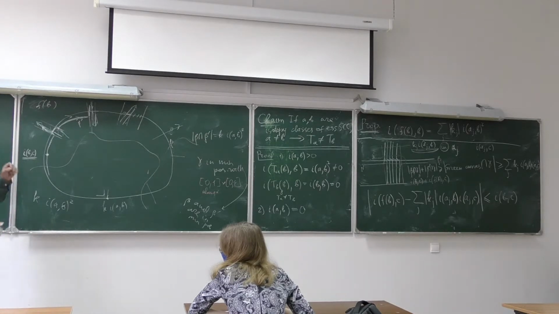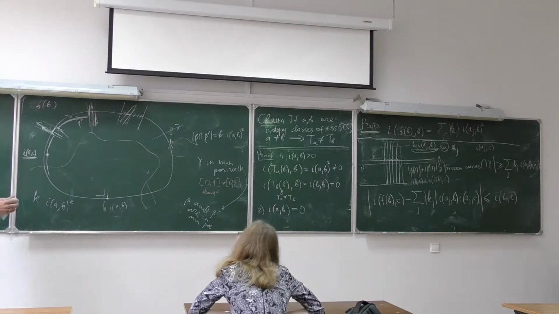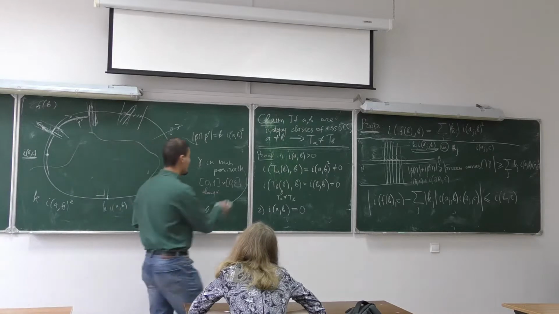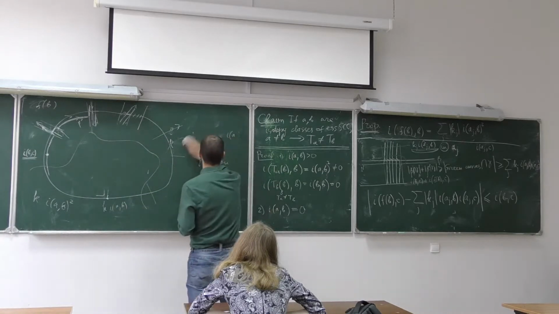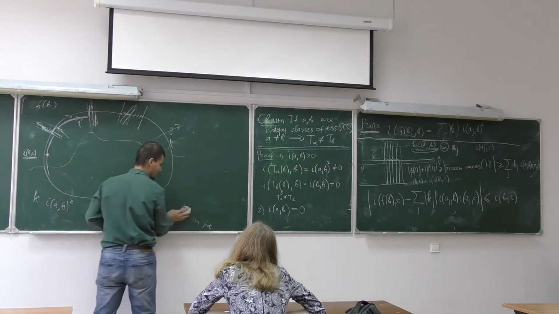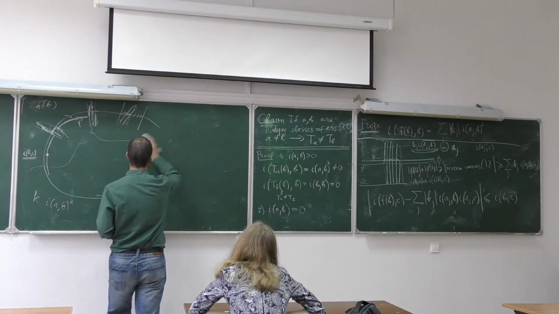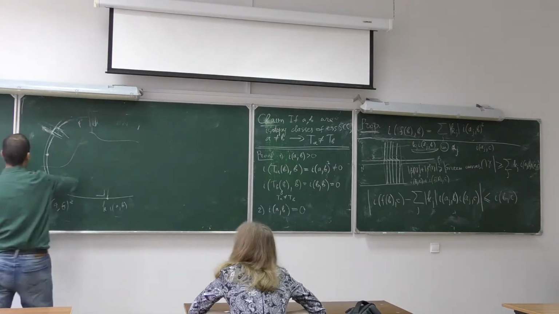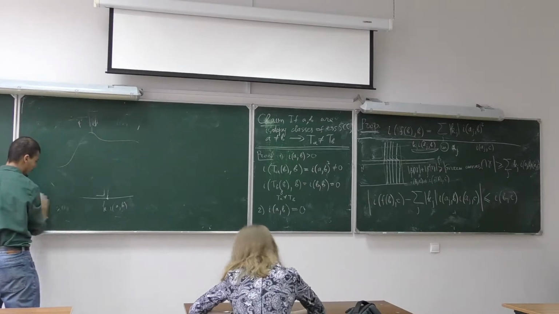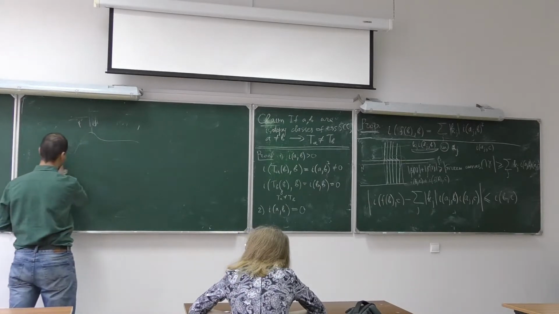If we have a simple closed curve, then all simple closed curves that are not separating look the same way. Up to homeomorphism, they are all identical. They can be taken to each other. In the same way, if we have pairs of disjoint curves, then again we have only finitely many possibilities up to homeomorphisms.